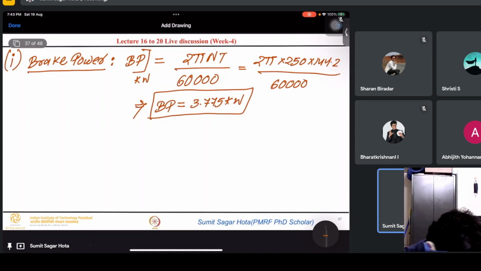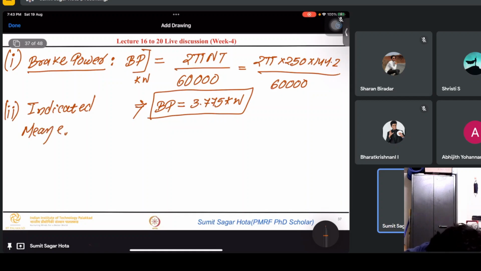So next is your indicated mean effective pressure.